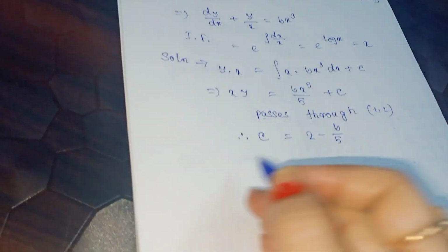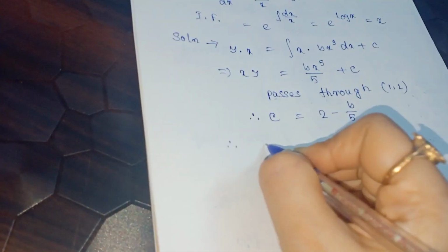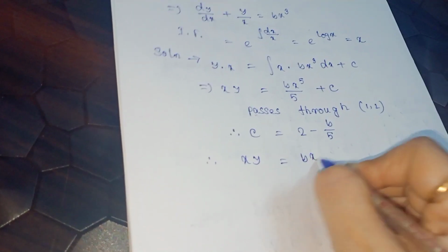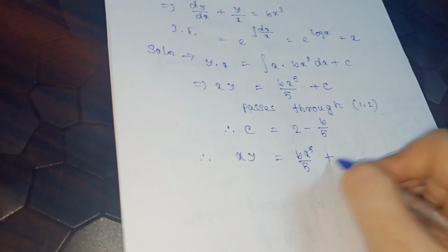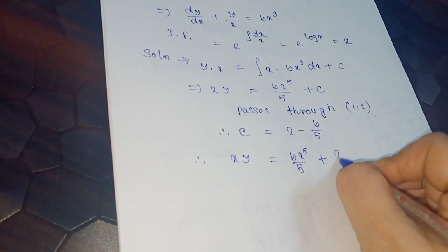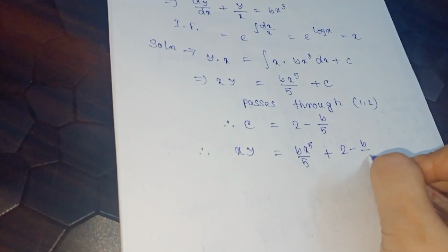So putting this value, therefore the equation becomes xy = bx^5/5 + (2 minus b/5).